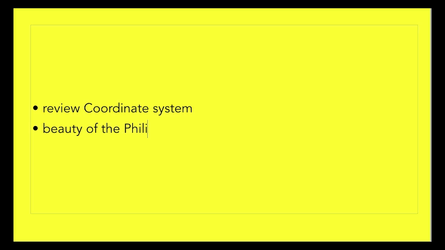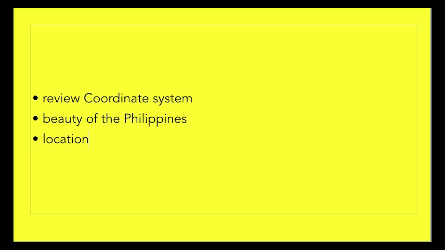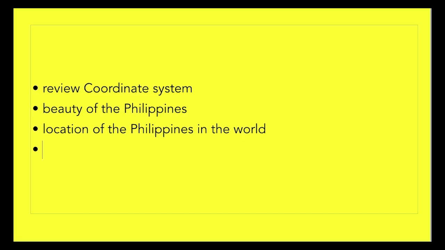So let's quickly go over what we discussed today. We did a quick preview about the coordinate system, about the longitude and the latitude, knowing how to locate places. We also got to know the spectacular places of the Philippines. We also familiarized the location of the Philippines in the world map. We knew what continent it was: the Asian continent. On what part of Asia?